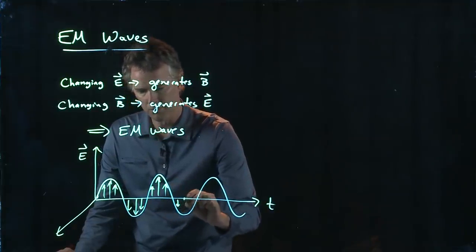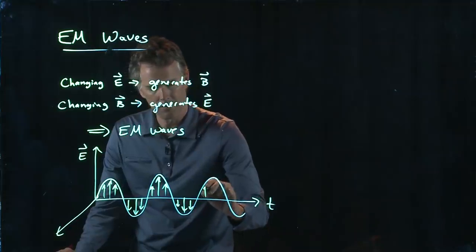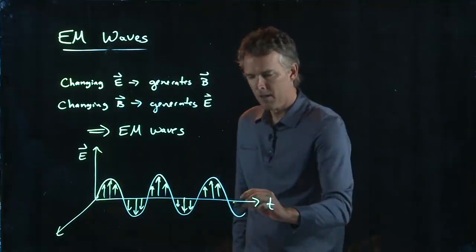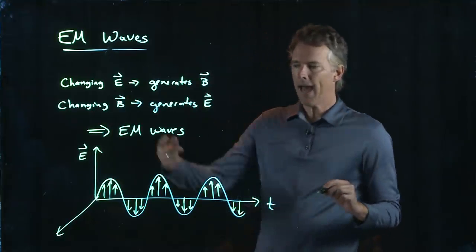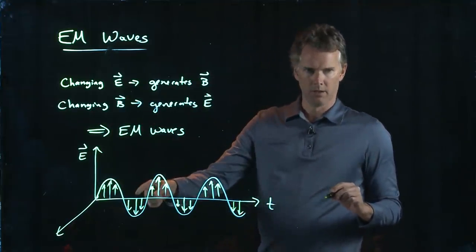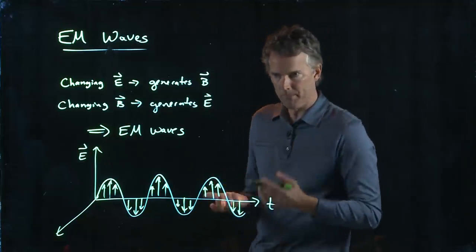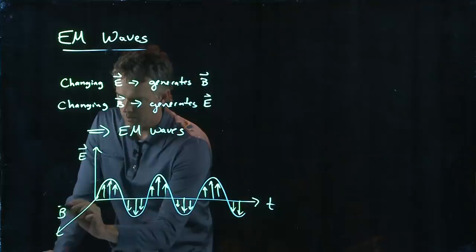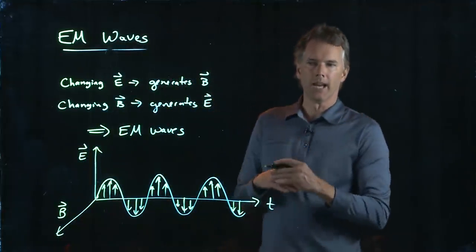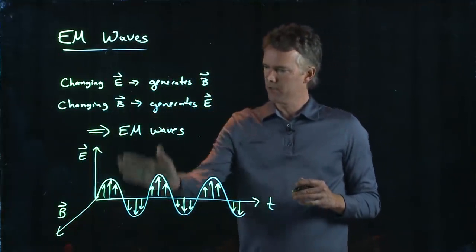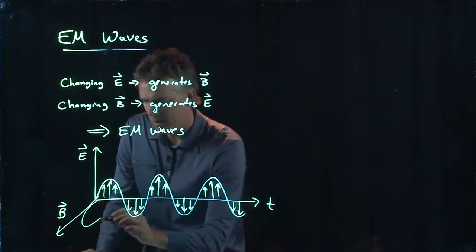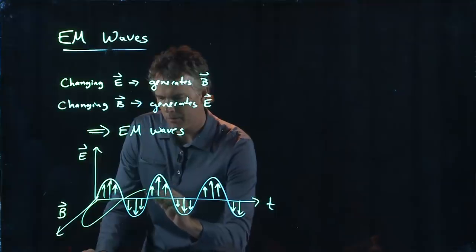Up, goes through 0, pointing down, and just keeps oscillating back and forth. But that changing E field can generate a changing B field. And the B field is orthogonal to that. It's at a 90-degree angle to it. So if E is up and down in the plane of the board, then B is in fact going in and out of the board.